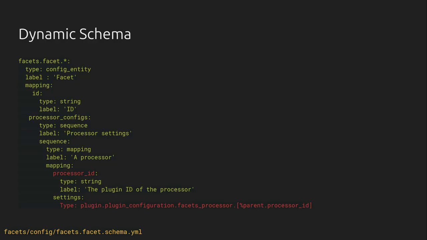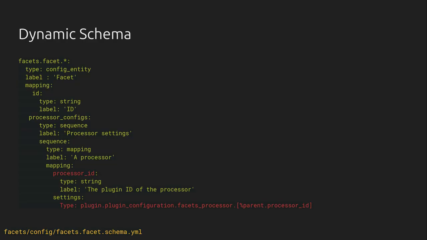In this case, our processor configs is a sequence, and this sequence is a mapping of processor IDs and settings per processor. So for example, we're going to create a facet, and we're going to say, oh, this is a Boolean, so we're going to add the Boolean facet processor to it, and we're going to add another facet processor to it, and this will all end up in this mapping.